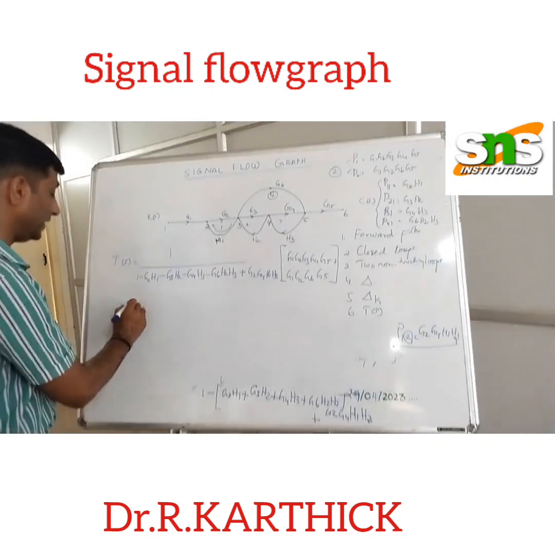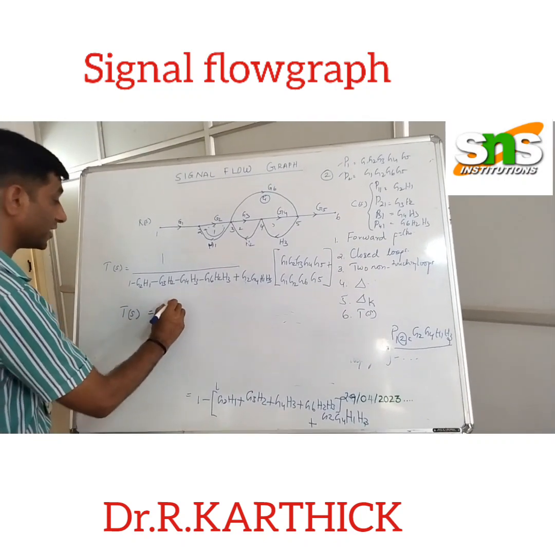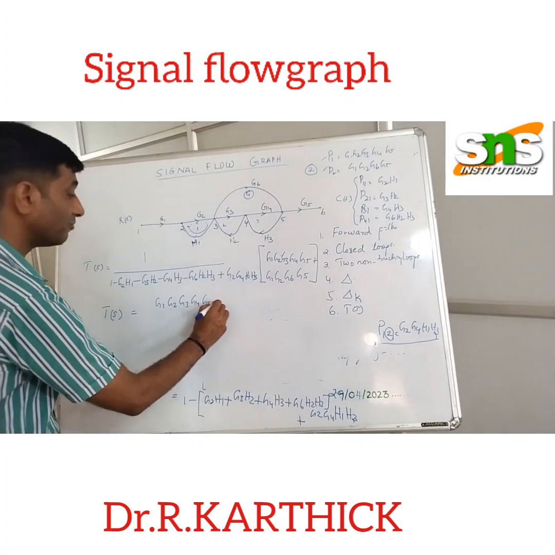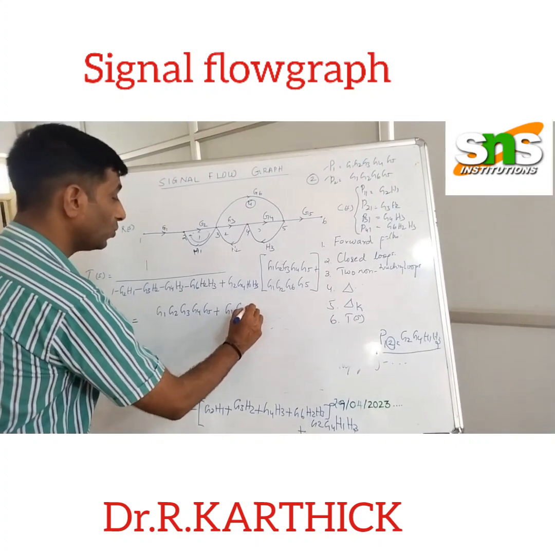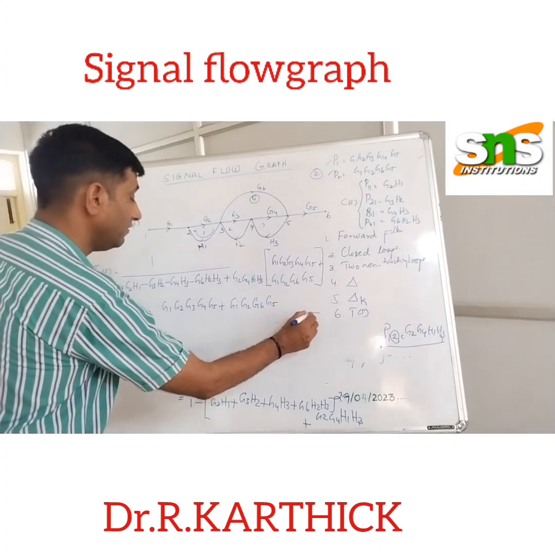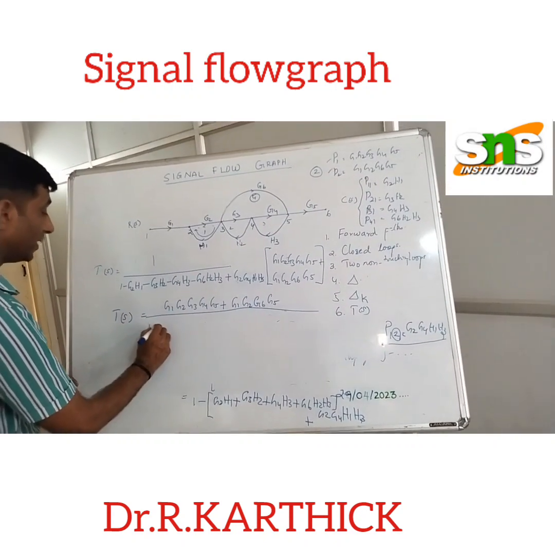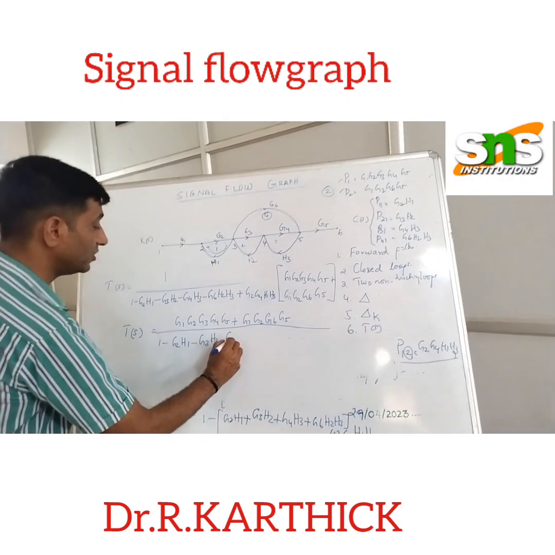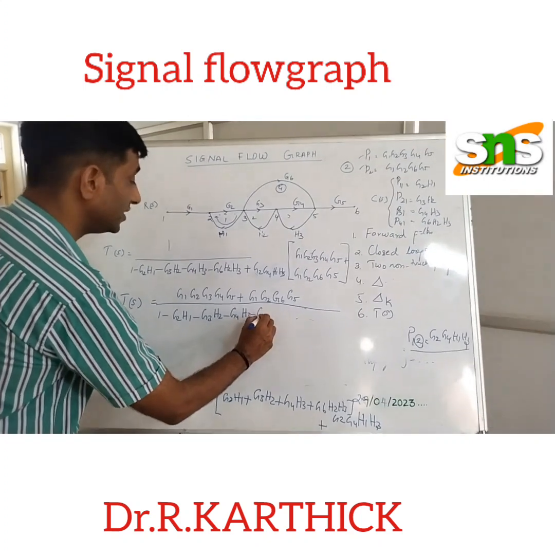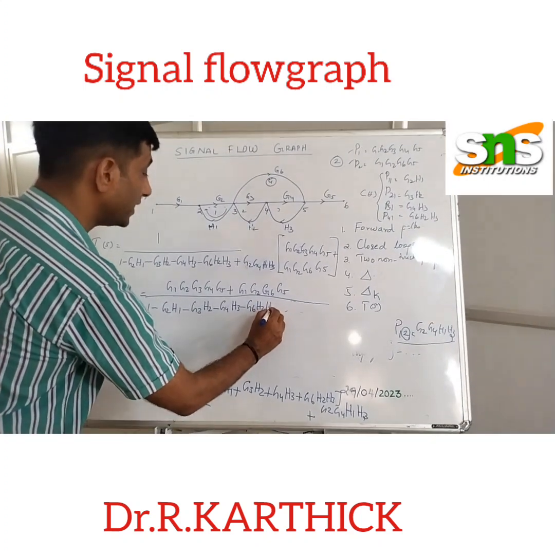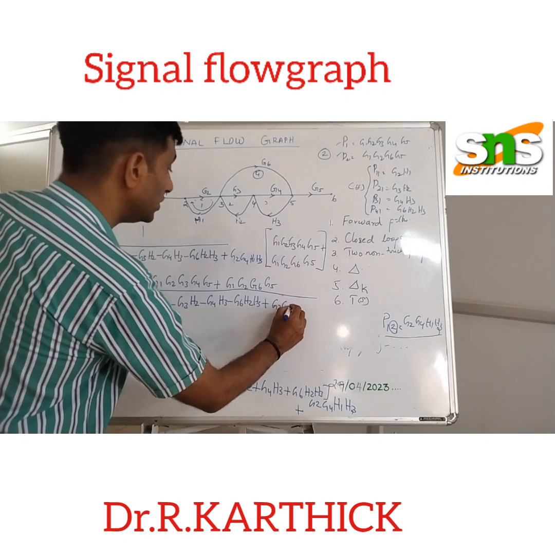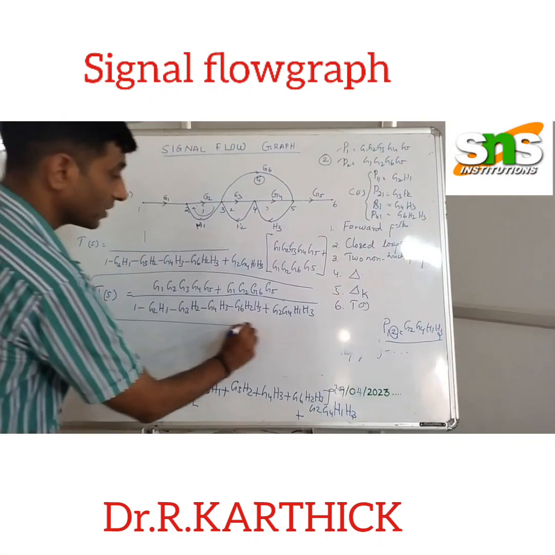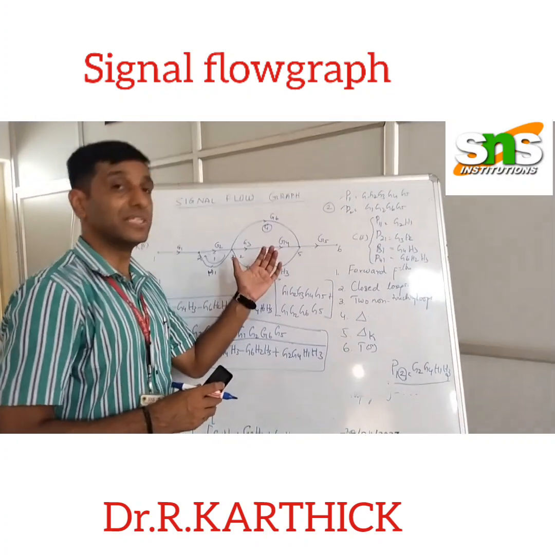I will simplify this and write T of S equal to G1 G2 G3 G4 G5 plus G1 G2 G6 G5, the whole thing divided by 1 minus G2 H1 minus G3 H2 minus G4 H3 minus G6 H2 H3 plus G2 G4 H1 H3. So this is my final transfer function for the given signal flow graph.